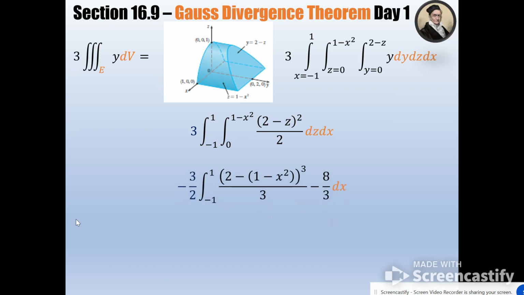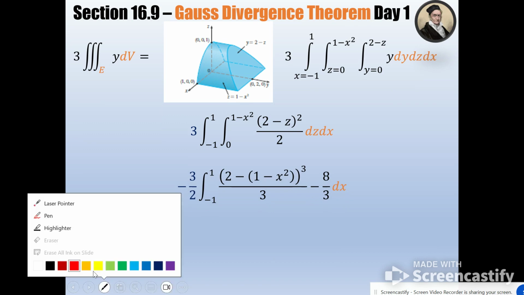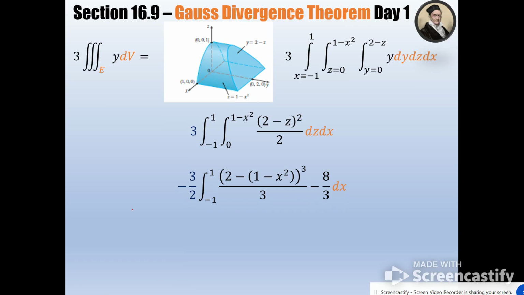So I have 2 minus z as my u. I was doing u substitution up here. U equals 2 minus z, so du was equal to negative dz, and that's why this negative is right here.